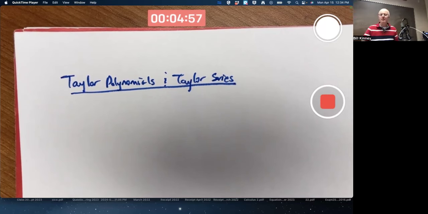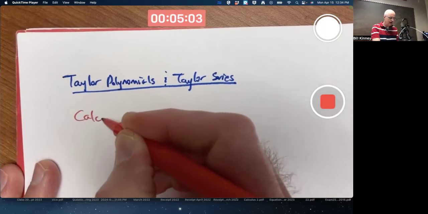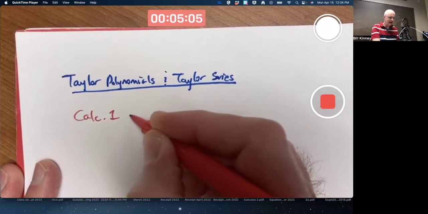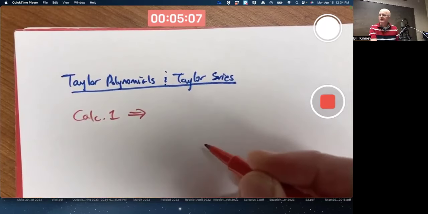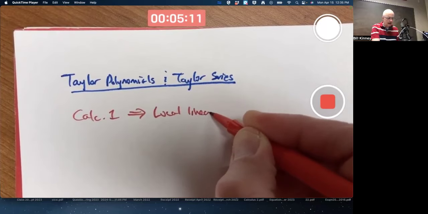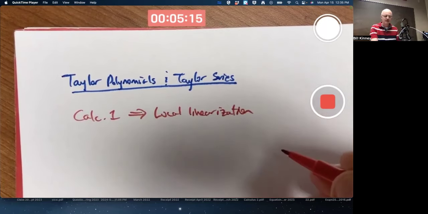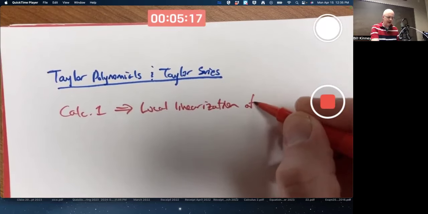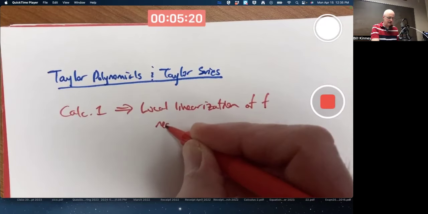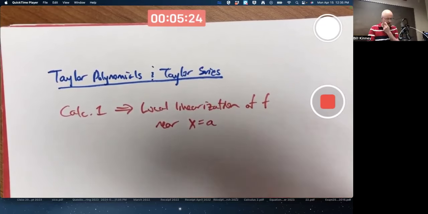It's good to start by reviewing something we know from Calc 1. In Calc 1, we had the idea of the local linearization of a function near a point. Local linearization of a function f near some value of x, often called x equals a.